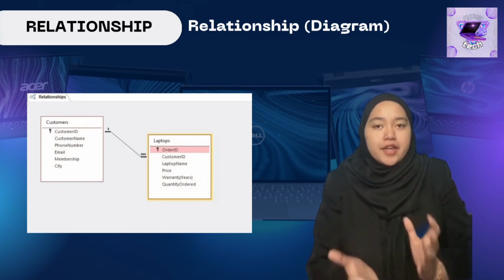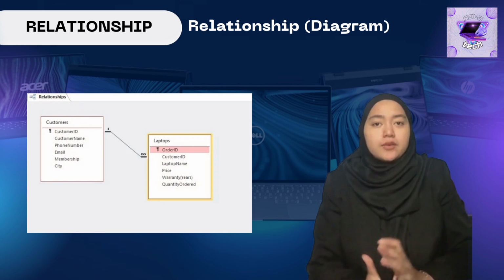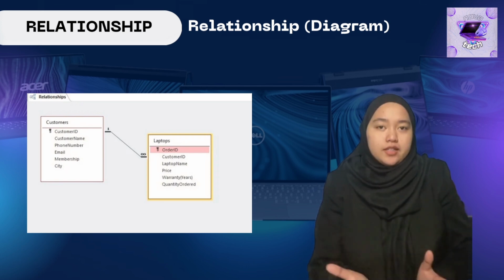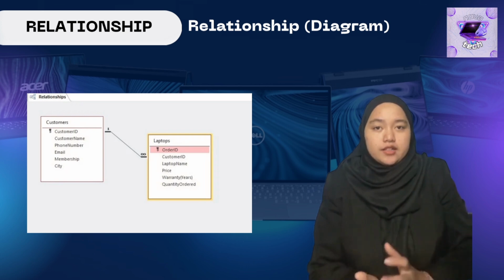The relationship diagram in Microsoft Access shows how tables in a database are related. Tables are linked using primary keys and foreign keys. This setup allows data to be stored in separate, connected tables and supports complex table join queries. In this case, the customer's table and the laptop's table are connected through a one-to-many relationship using the customer ID.